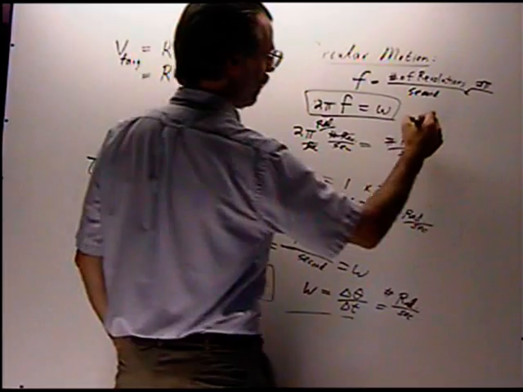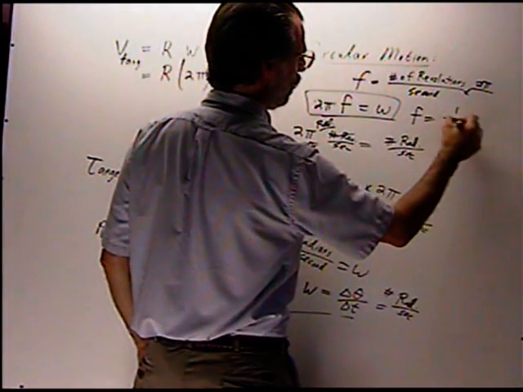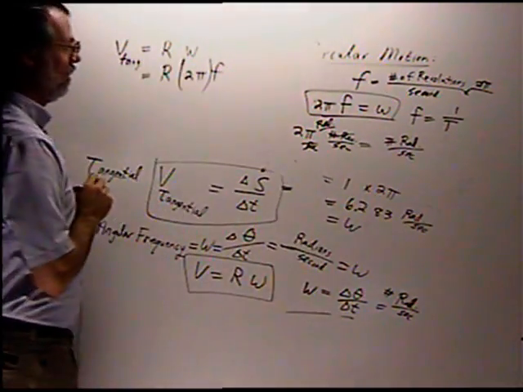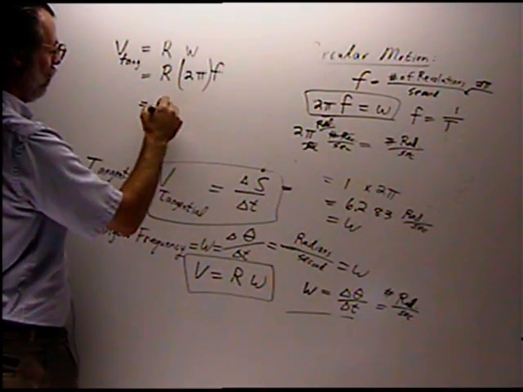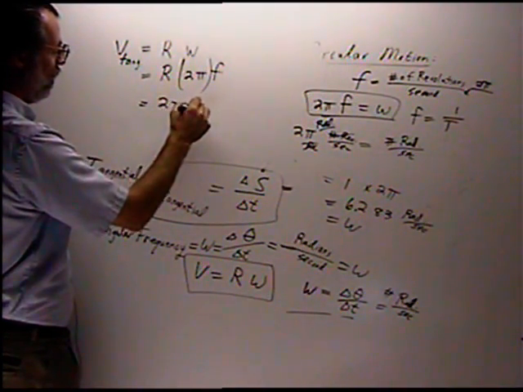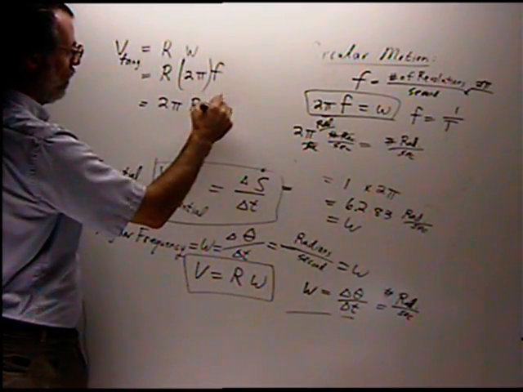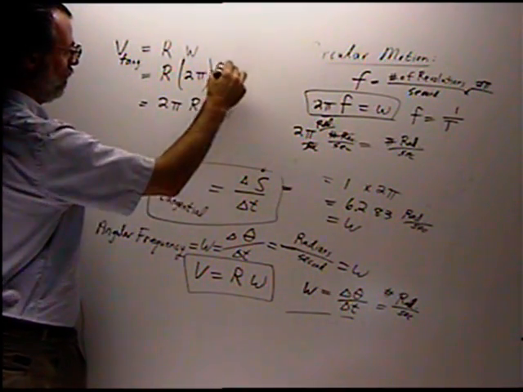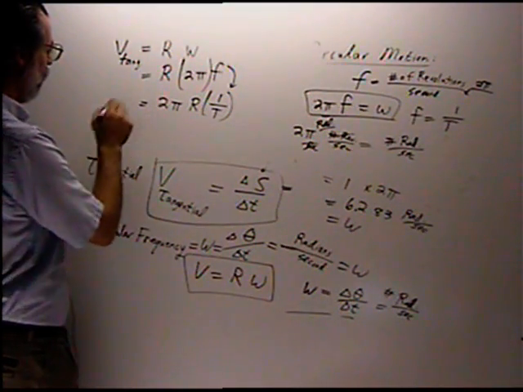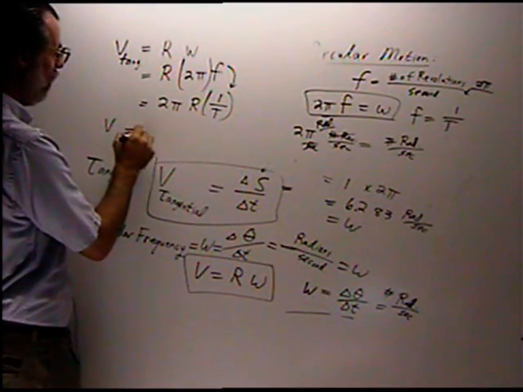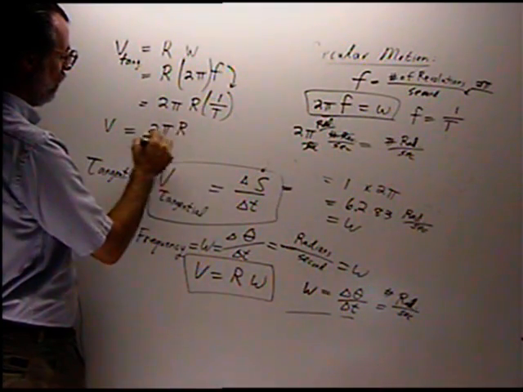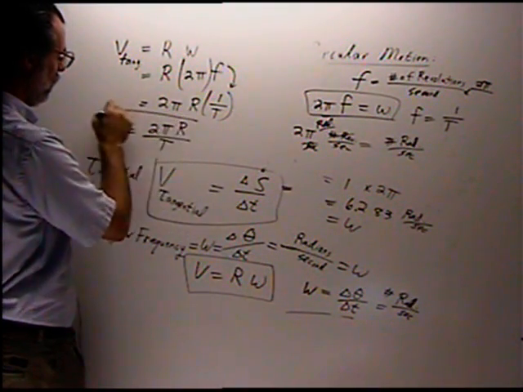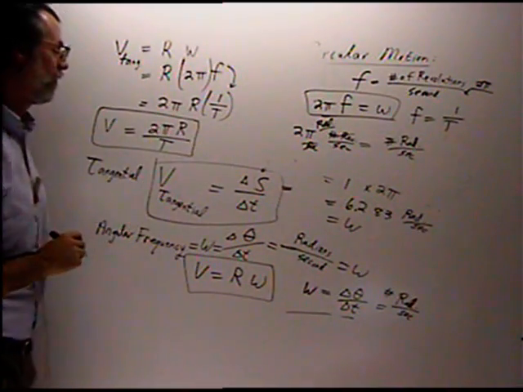And we can also say, remember, frequency is 1 over the period. So we can also come in here and say 2 pi R, F is 1 over the period. Okay? So the tangential velocity is also 2 pi times R divided by the period. Okay?